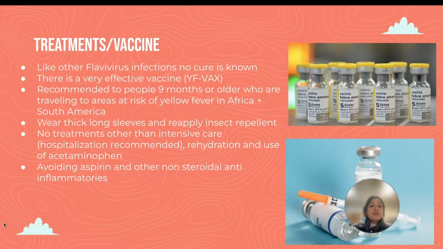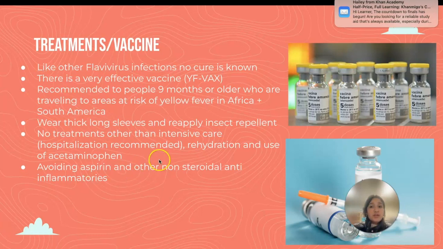It is recommended to people who are 9 months or older and who are going to be traveling to areas at risk of yellow fever in Africa or South America. I do believe that in some countries they will not let you enter unless you have this vaccine. There are ways to prevent getting yellow fever, which is wearing thick long sleeves and constantly reapplying insect repellent.